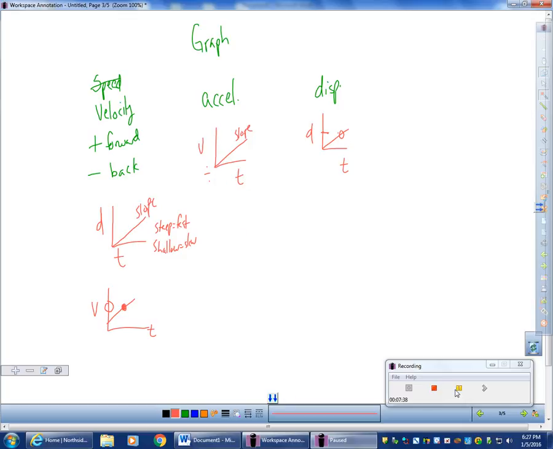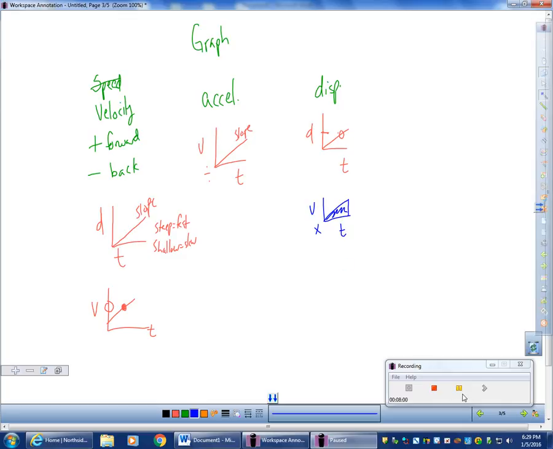If I have that same graph, I could do velocity times time, and that would give me my displacement. So if I found the area underneath that curve as opposed to the slope, I'd have my displacement.